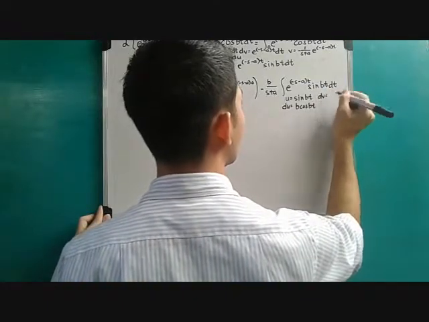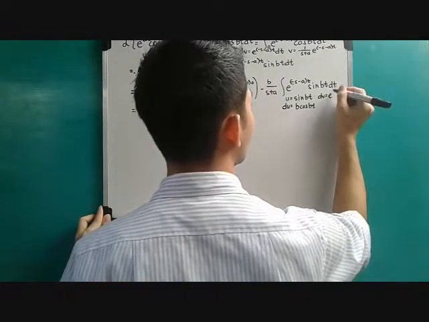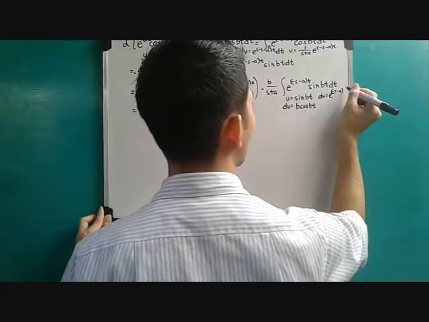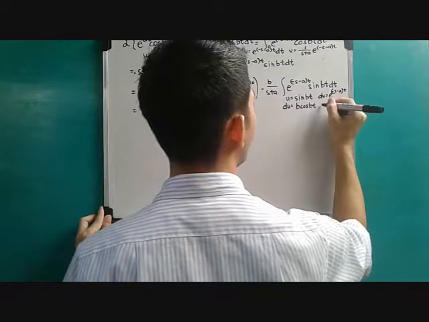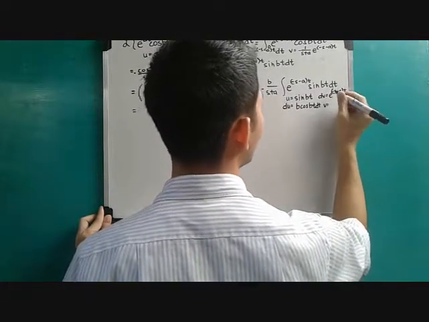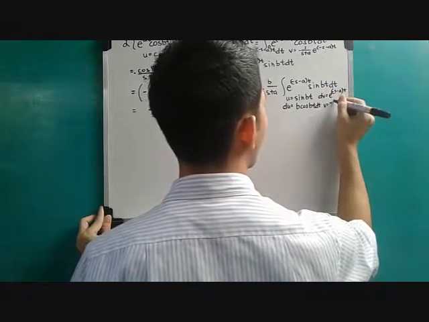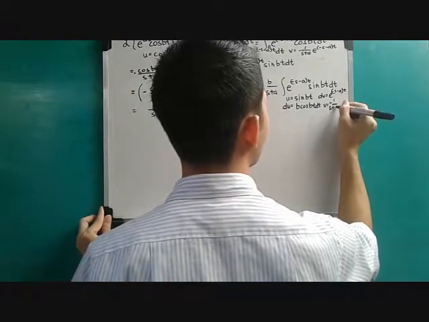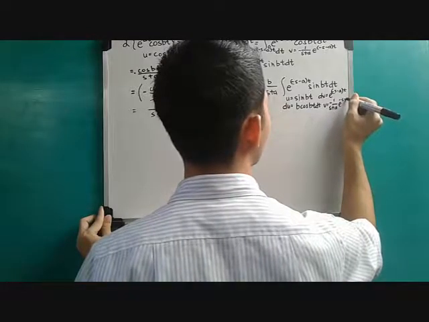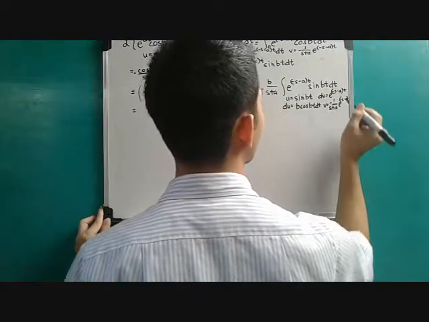Your dv is equal to e raised to negative s minus a times t. And your v is equal to negative 1 over s plus a e raised to negative s minus a times t.